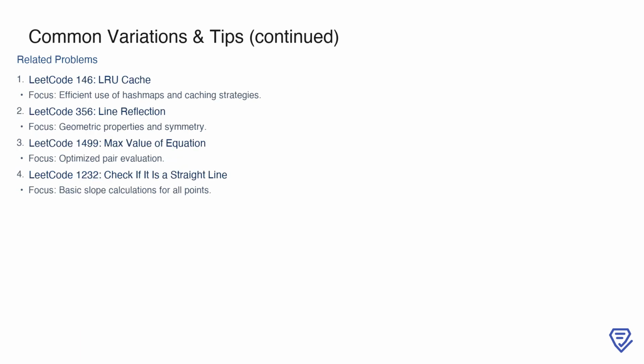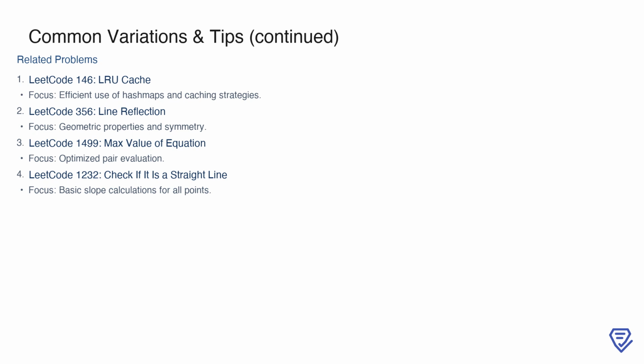This problem is connected to several others that can help deepen your understanding of similar concepts. For instance, LeetCode 146, LRU cache, focuses on efficient use of hash maps and caching strategies, which are fundamental to this problem's optimized approach. LeetCode 356, line reflection, deals with geometric properties and symmetry, offering additional insight into working with points in a plane.